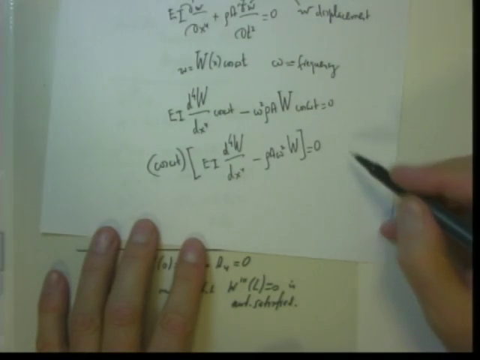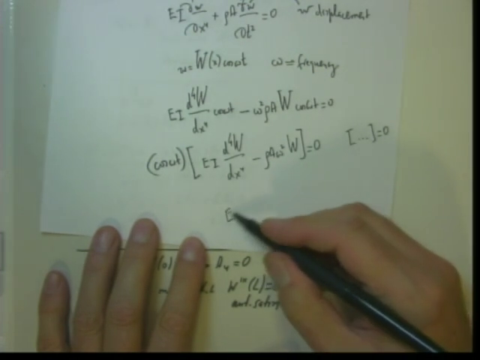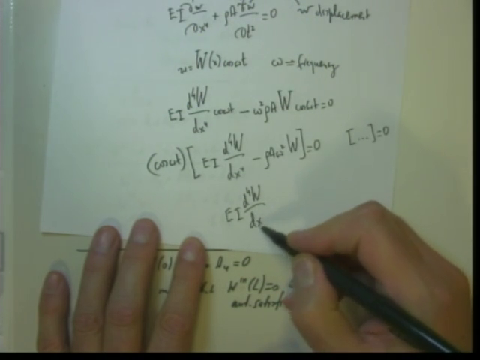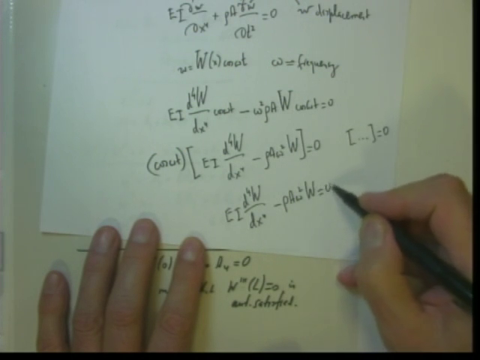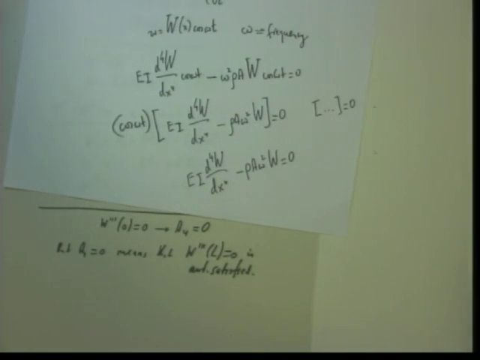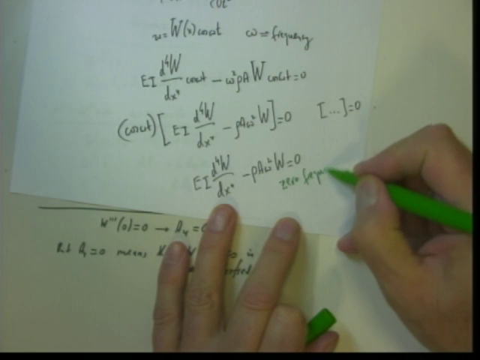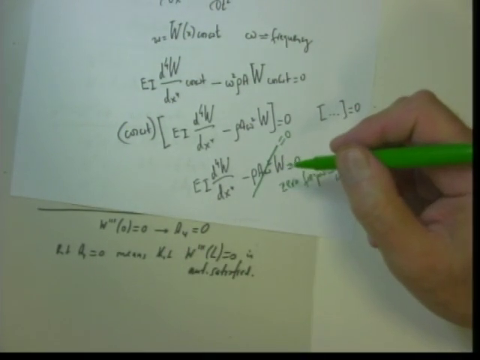So therefore, this expression in parentheses must equal 0. Or EI, fourth derivative of W with respect to x, minus rho A omega squared W should be 0. And zero frequency means this term is 0, because omega is 0.